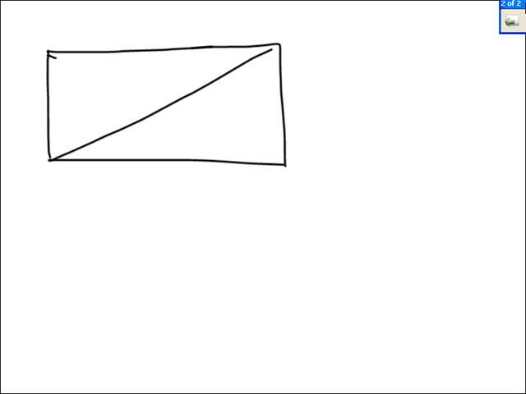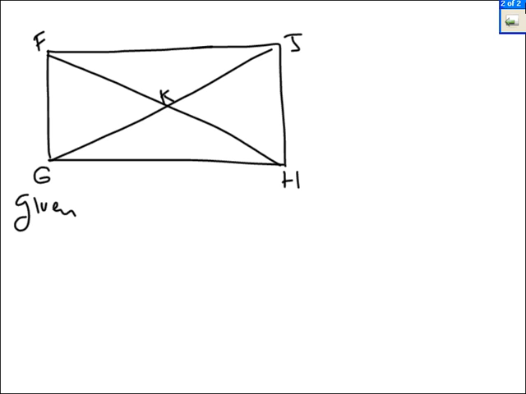One diagonal, second diagonal. Looks like a rectangle, but you never know. It's 2 diagonals. And you are given the following. F, G, H, J. You are given that angle FGH is a right angle.